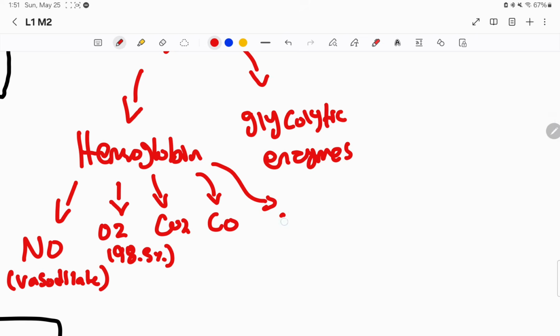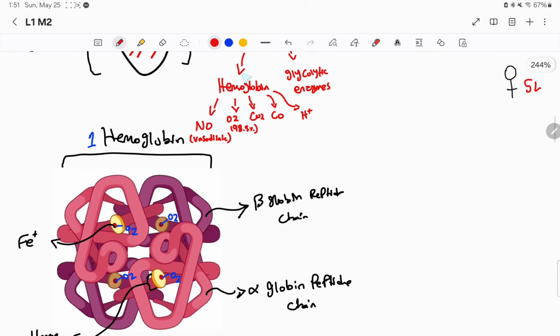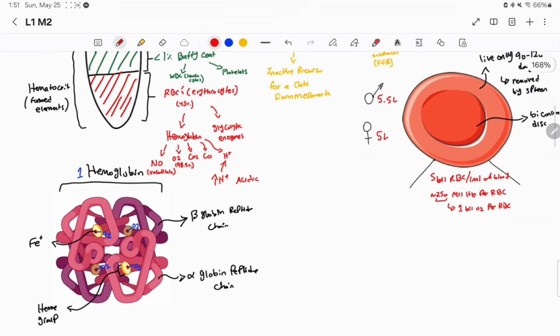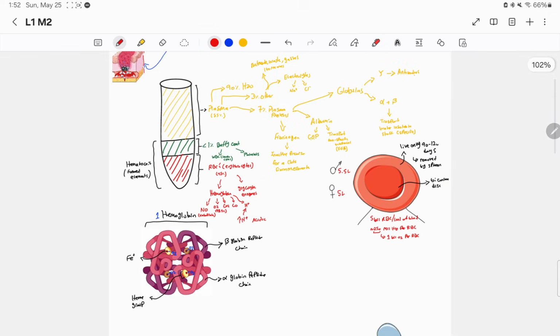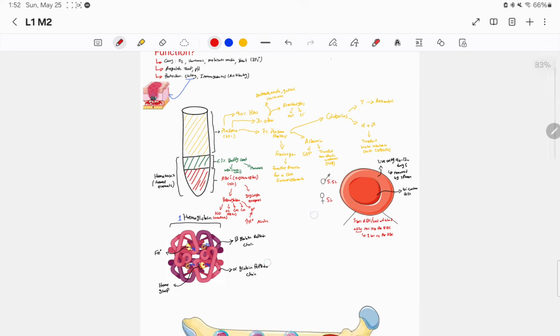The last thing is protons, or these hydrogen ions. They can also bind to hemoglobin, okay? And I'll tell you this, the presence of protons inside of the bloodstream dictates the acidity. So if there's a high concentration of these protons, the blood is very acidic. Now, remember that I said that many things inside of this bloodstream can tie up protons or lower the acidity, one of them being those plasma proteins.